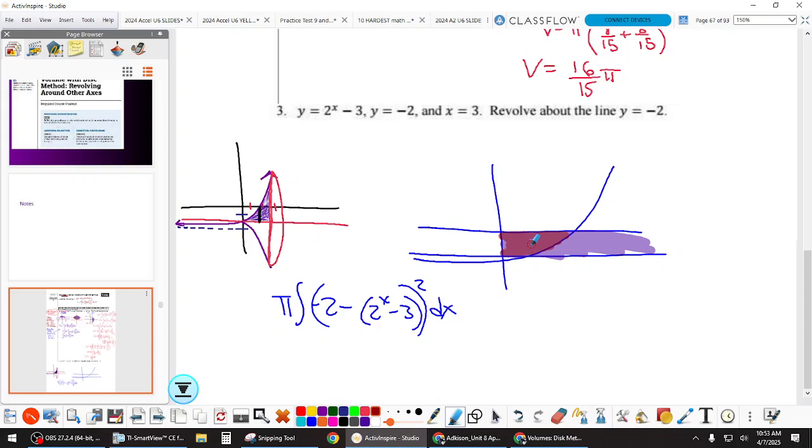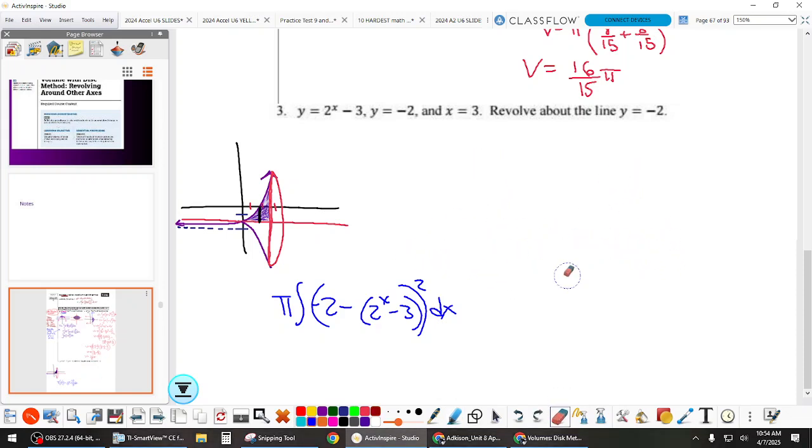But if we're removing that area, then how do we add the area above it? Because if we're subtracting the area that's bounded by the curve, then how do we add the area above it? Would we have to find separate spots at the x-intercept? Are you saying this area up here?